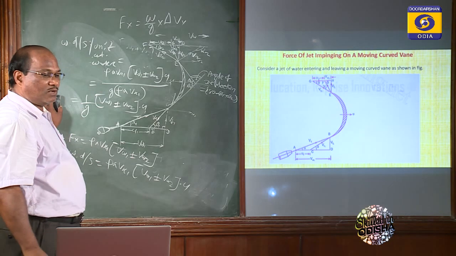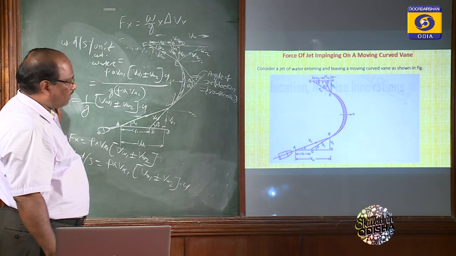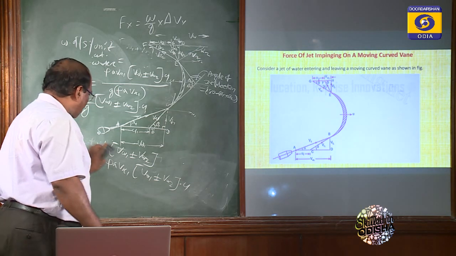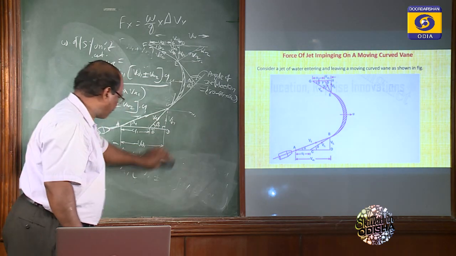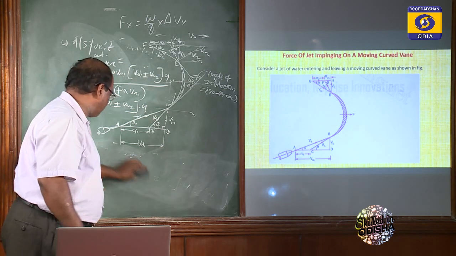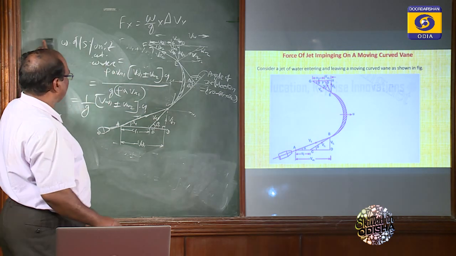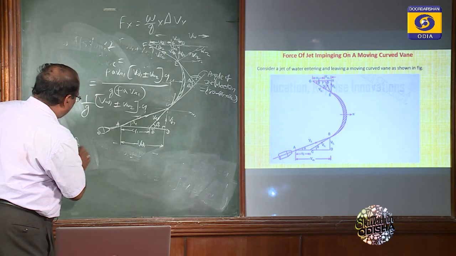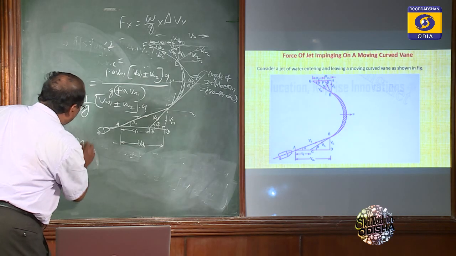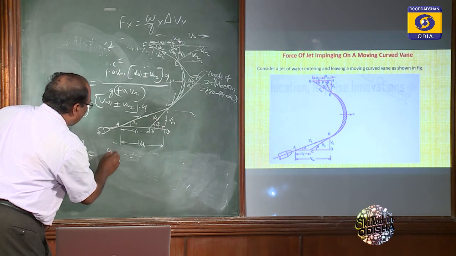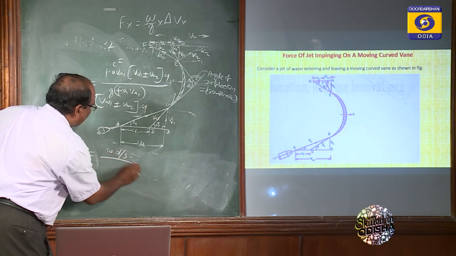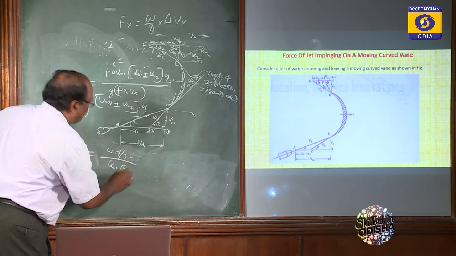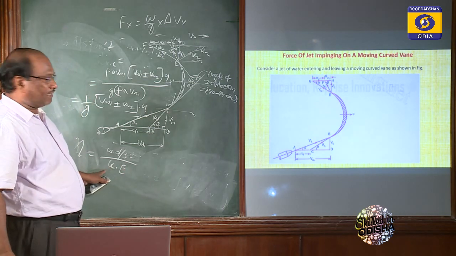So next, what will be the efficiency of the system? The efficiency of the system will be work done per second divided by kinetic energy supplied by the jet.